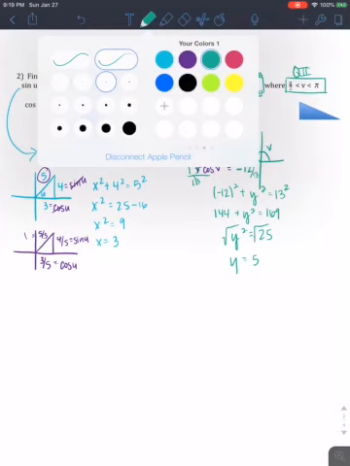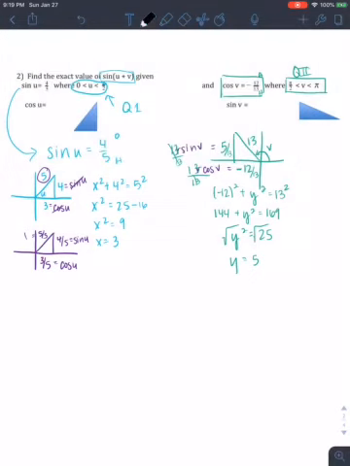So now we can go ahead and evaluate. Our sine of u plus v is equal to the sine of u times the cosine of v plus cosine u times the sine of v. Luckily we did all this work above to get our sine and cosines of each of the angles.